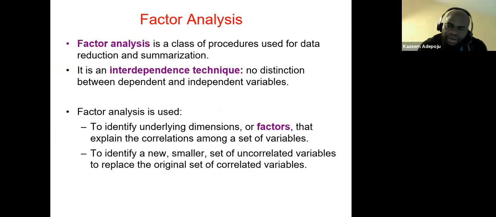Okay, so I want to introduce you. When I say factor analysis, let me quickly remind you of this. You remember in your high school, when you are given an expression, maybe a quadratic expression, a cubic expression, or a polynomial of degree 4, degree 5, and so on, and they ask you to factorize.